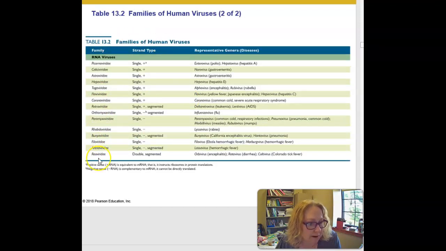Then you have your RNA viruses. You've got yellow fever. You've got the common cold, coronavirus. You've got leukemia. You've got rabies down here. All kinds of good stuff. So those, again, will be part of your note card, and it'll tell you. So this would be an RNA virus. It's single-stranded.